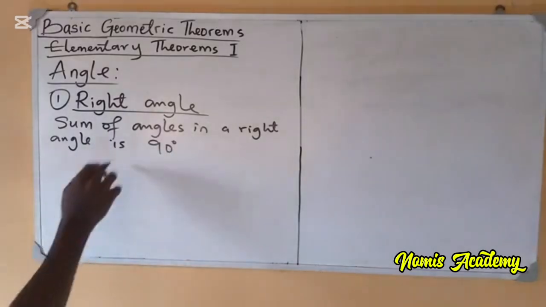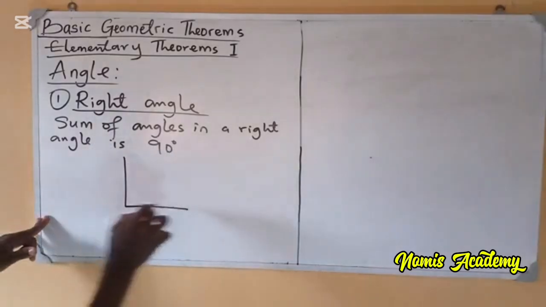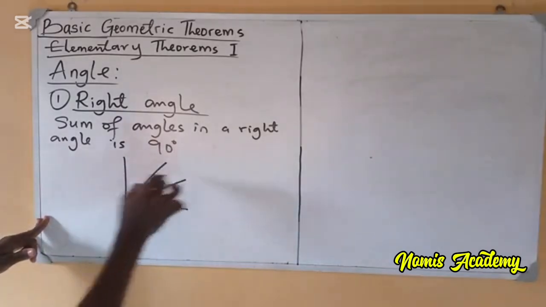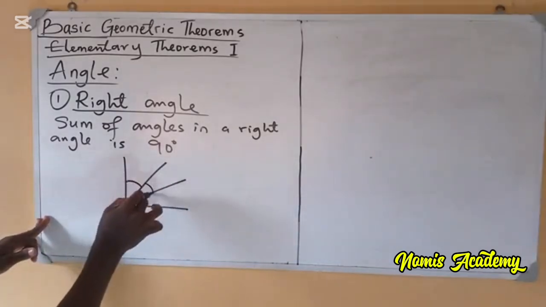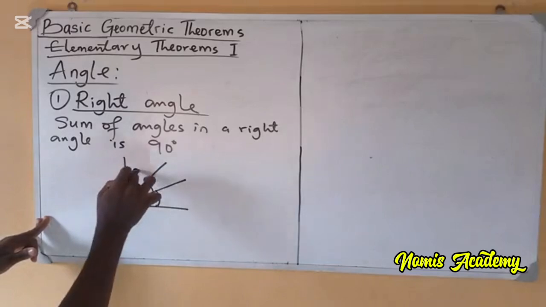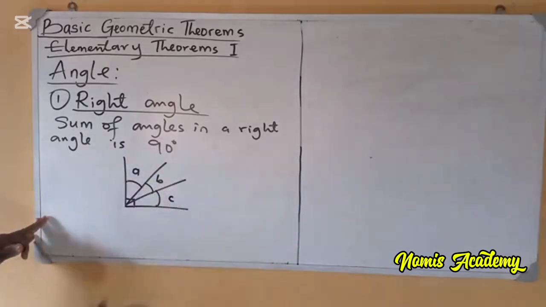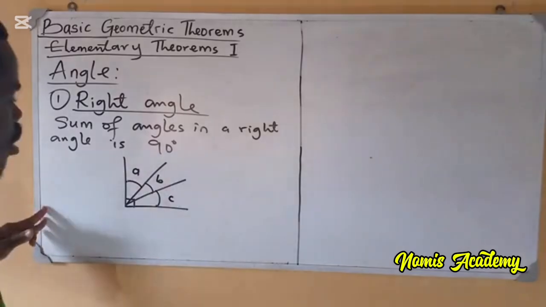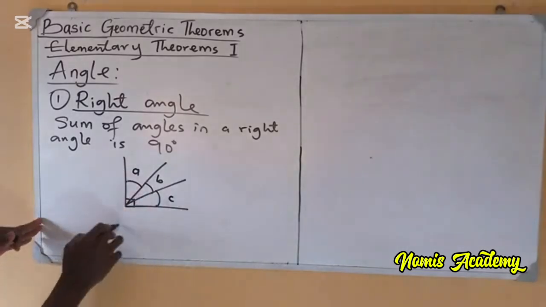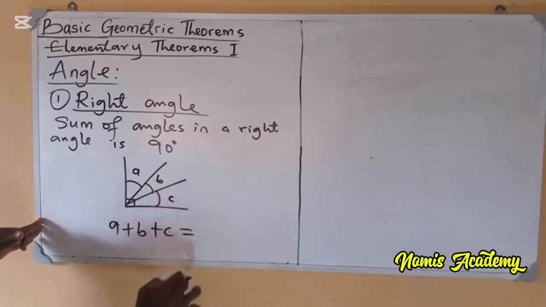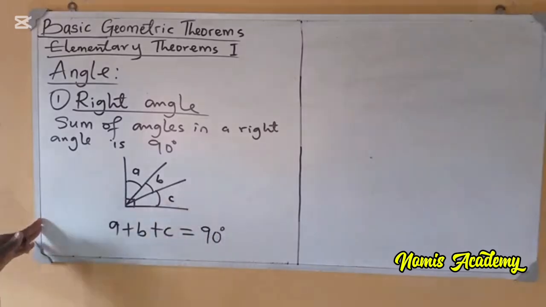So what we mean is something like this. This is what we call a right angle. When we have different angles formed in a right angle, those angles are said to sum up to 90 degrees. So what this means is that A plus B plus C is equal to 90 degrees.